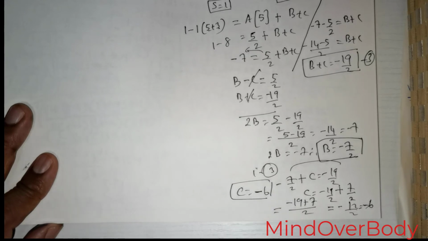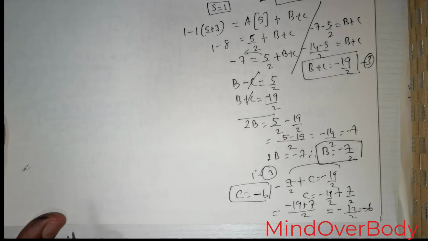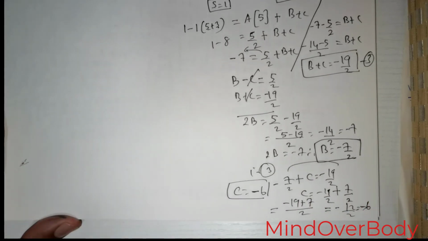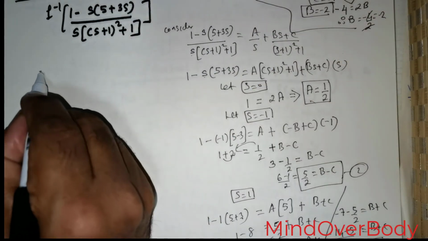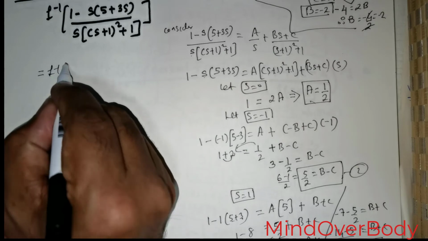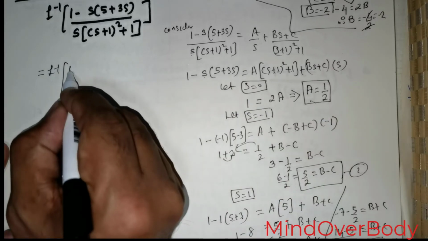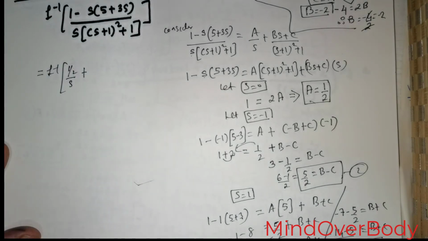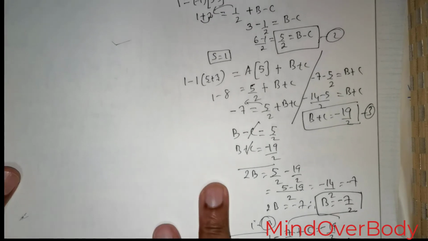So I've got a C, I've got a B, and I've got an A. So we need to substitute these values now. So now instead of this I would have this. So this is going to be L inverse of A, my A is 1 over 2, divided by S, my B is negative 7 over 2.